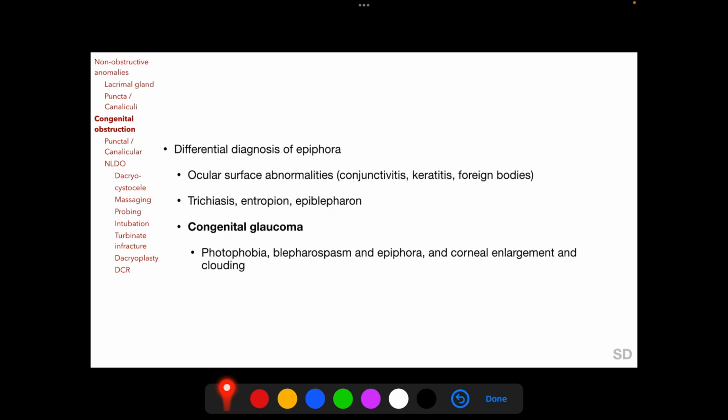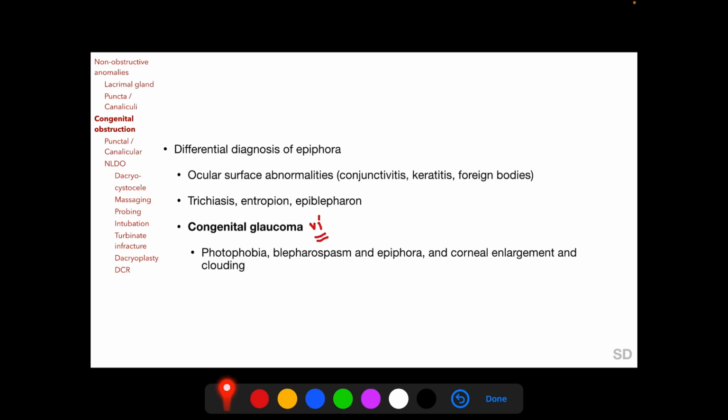duct. Differential diagnosis of epiphora in an infant or a young child includes ocular surface abnormalities such as conjunctivitis, keratitis, or a foreign body, and lid abnormalities such as trichiasis, entropion, or epiblepharon. Congenital glaucoma is a very important differential diagnosis to exclude in a child presenting with epiphora.